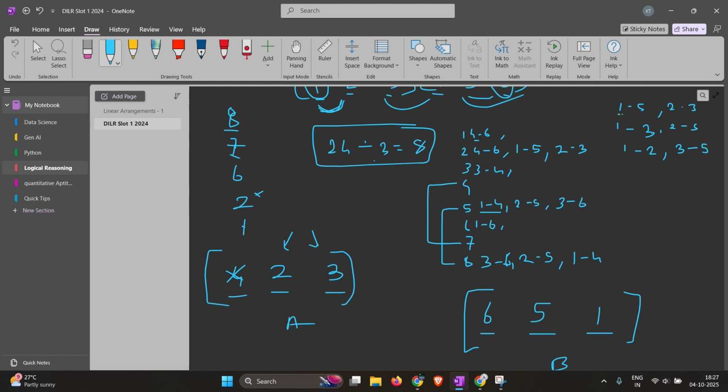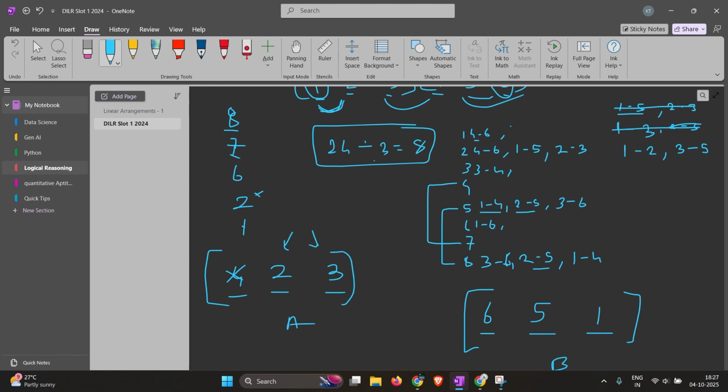Since we know that 1 cannot play 5, because 1 has already played 5 and 1 and 5 are in the same team, this is not possible. 1 and 3 and 2 and 5 is also not possible because 2 and 5 have already played twice in rounds 5 and 8. So two matches for 2 and 5 are already done. So this is also not a possible pair.